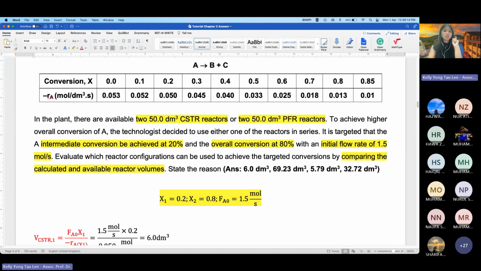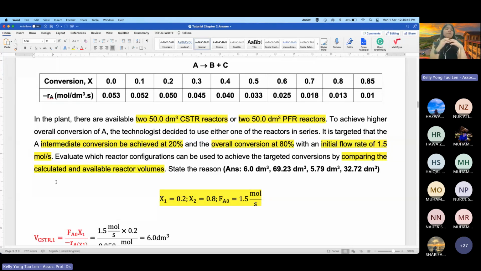And the decision must be based on the comparison between your calculated volume and the available reactor volume in the plant. So the gist is that when you calculate the reactor volume, it must be equal or smaller than the available reactor. But if your calculated volume is higher than the available reactor volume, then the reactor cannot be used.